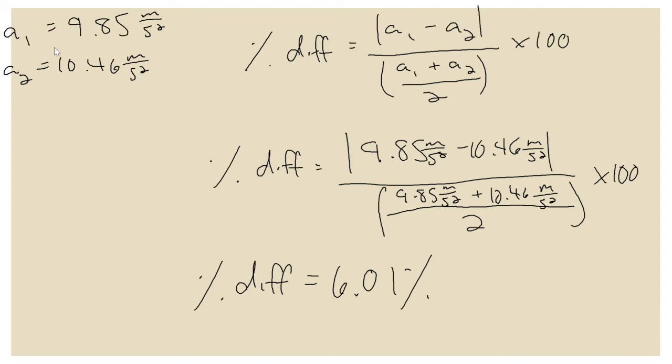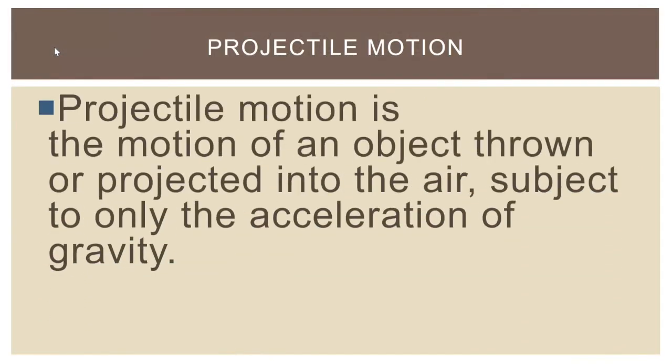So obviously here we want to talk about what projectile motion is. Projectile motion is motion of an object which is either thrown or projected into the air, subject to only the acceleration of gravity. We said that free fall is a situation where objects are only subject to the acceleration due to gravity, and this is a pretty similar situation.